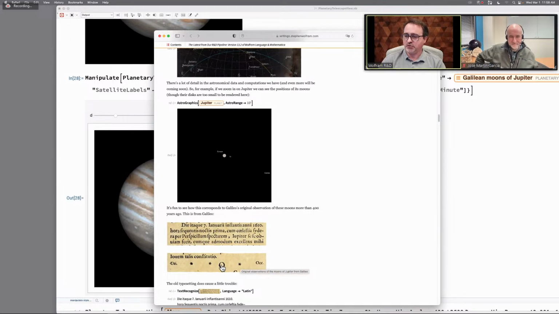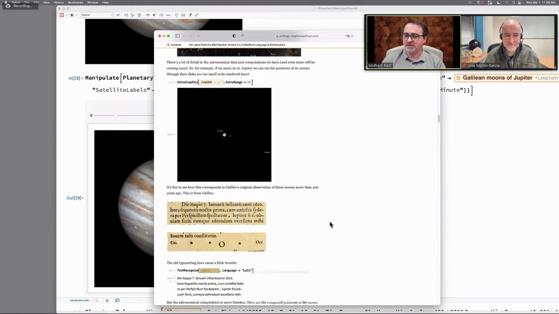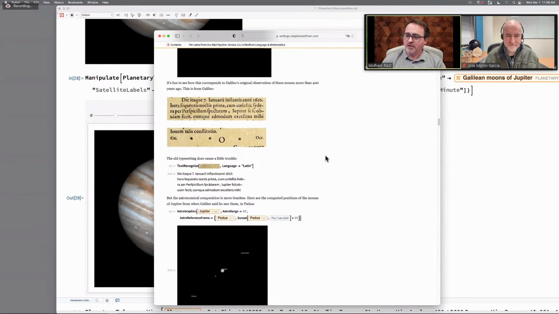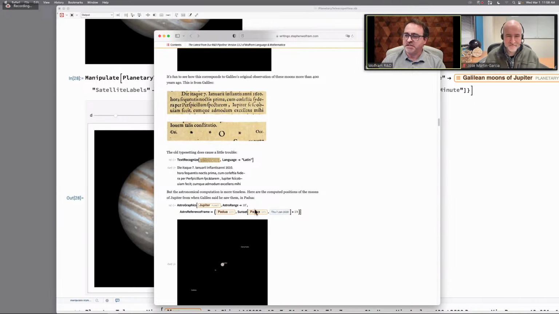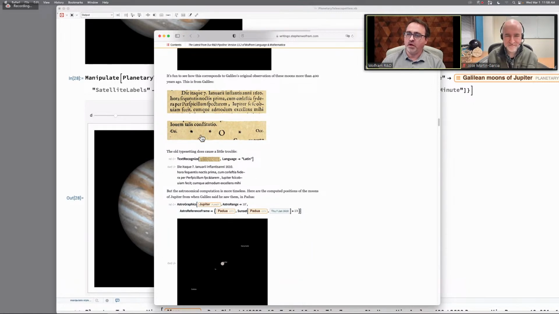You can see he drew Jupiter with this big circle, and then he drew the moons with these little asterisk looking things. If you rotate the view here, we've set the date for Padua, which is where Galileo did his observations on January 7th of 1610. You can see you've got two moons on one side and another moon on the other.